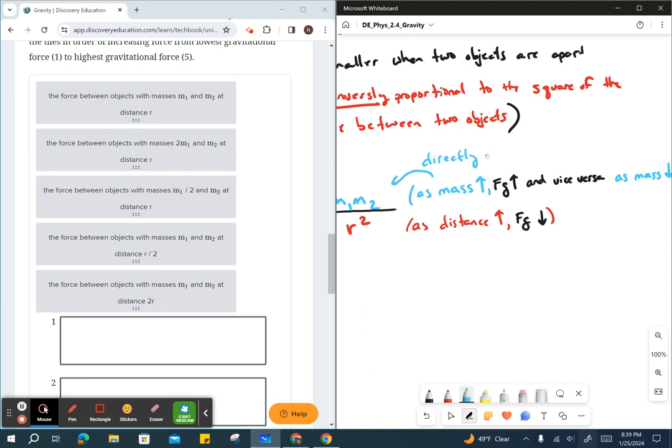So we would say directly related, aka proportional, and everything on the bottom is inversely related.